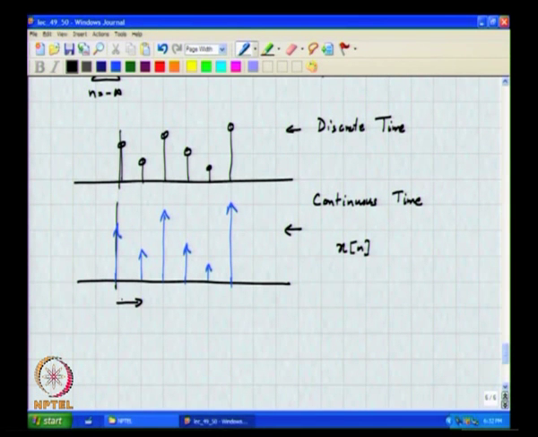This is the sampling rate of the D2A converter, e to the minus j 2 pi f times T s times n, correct. This is the Fourier transform of the continuous time signal. Does it make sense? Okay.